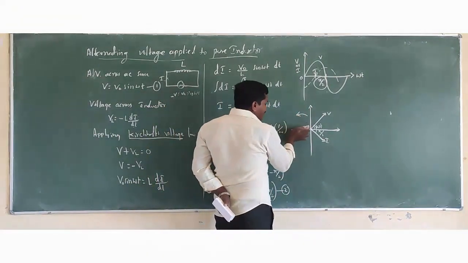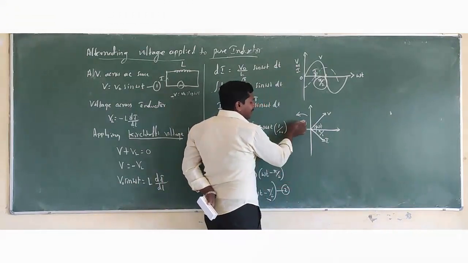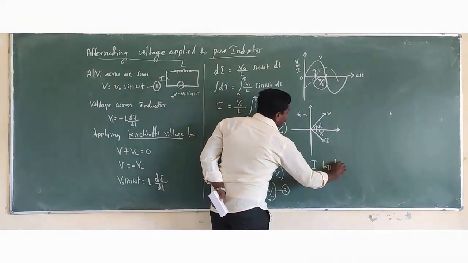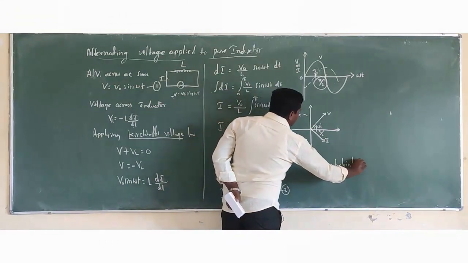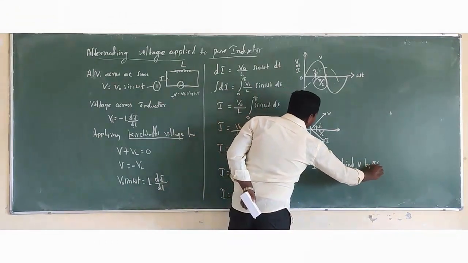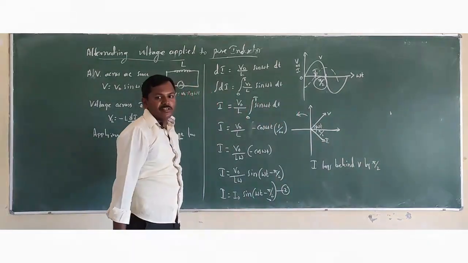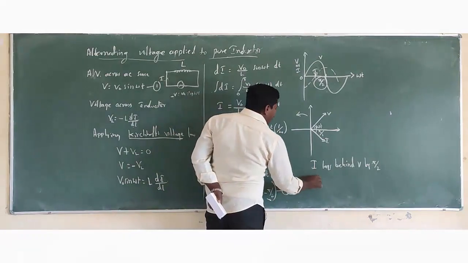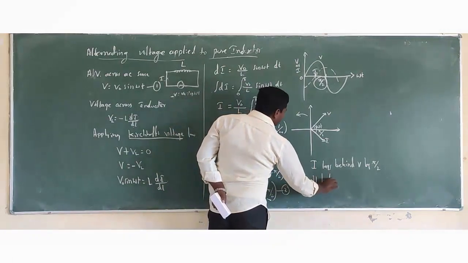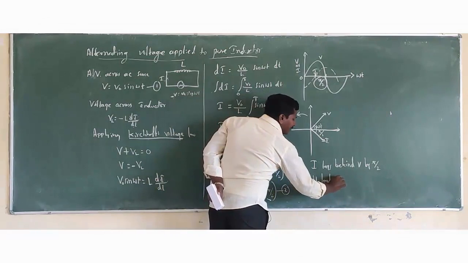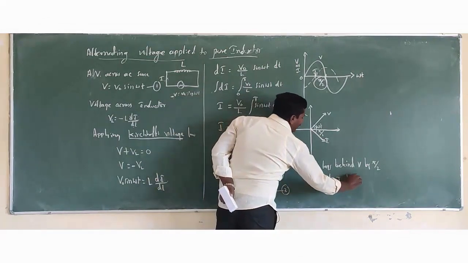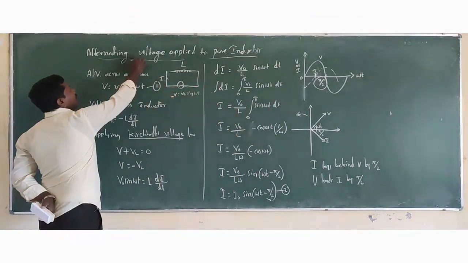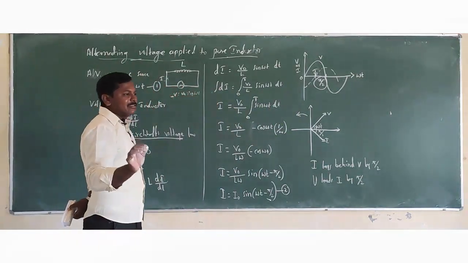From this phasor diagram we can conclude that the current lags behind the voltage by pi by 2, or we can say the voltage leads the current by pi by 2. This is about the alternating voltage applied to a pure inductor.